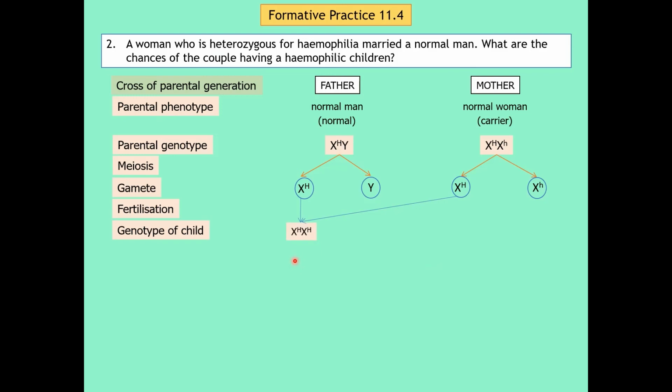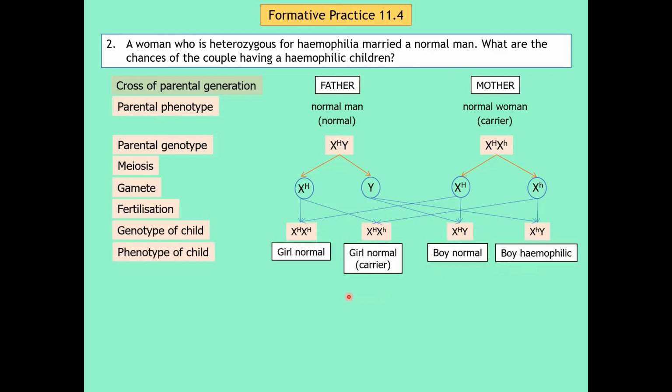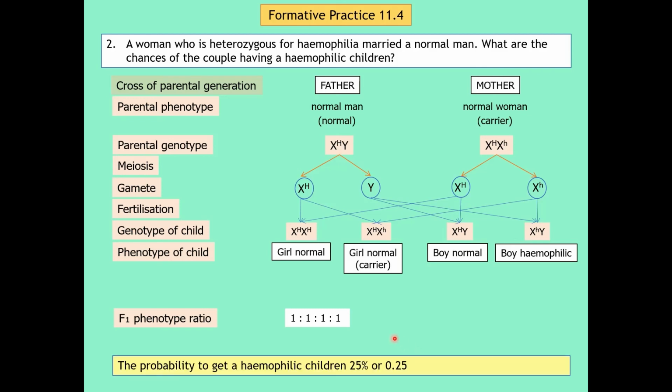This one is female, this is normal, this is carrier, this is normal male, this is hemophilic male. So girl normal but carrier, boy normal and boy hemophilic. So the phenotype ratio and the probability to get hemophilic children is 25% or 0.25.